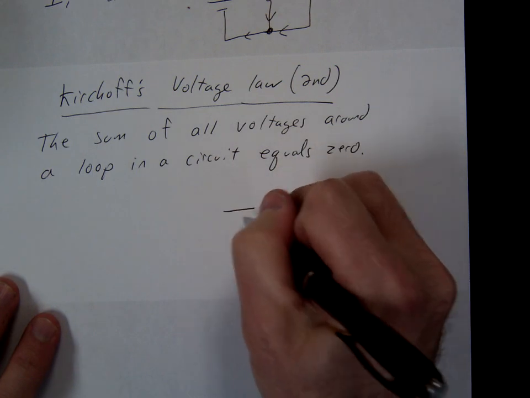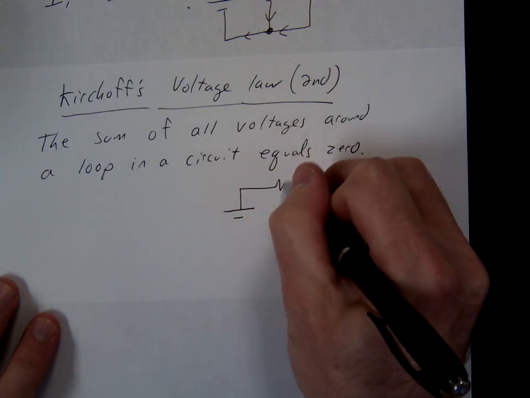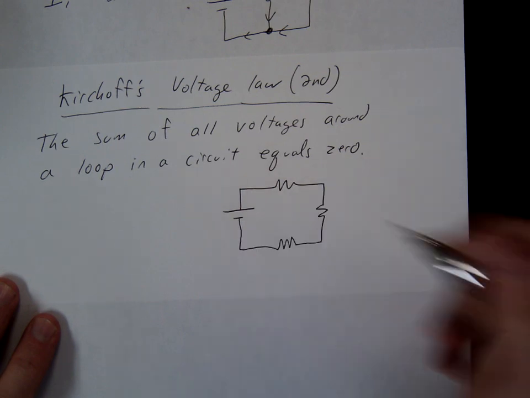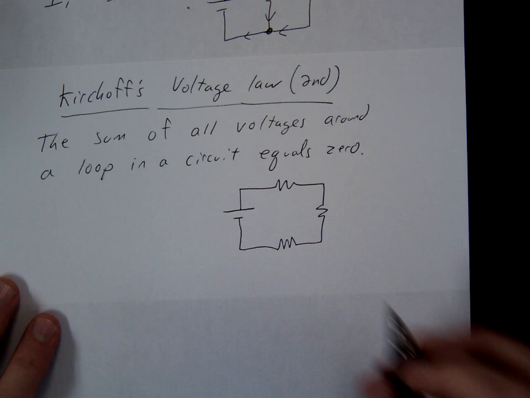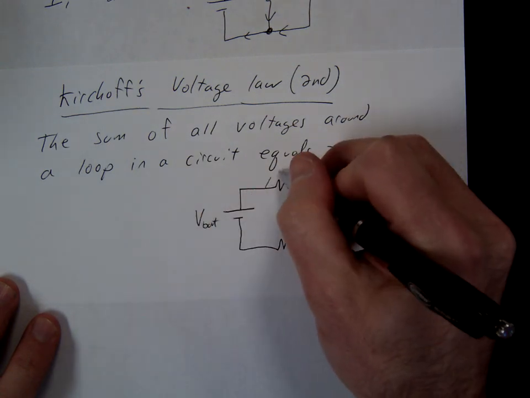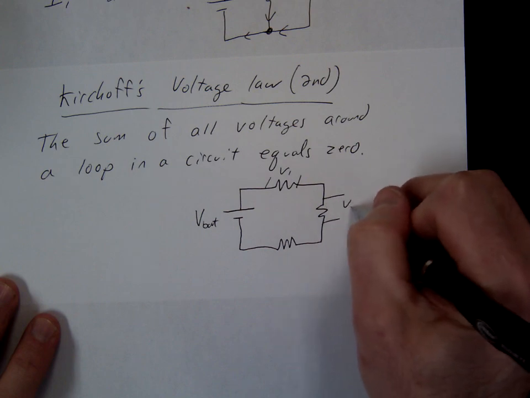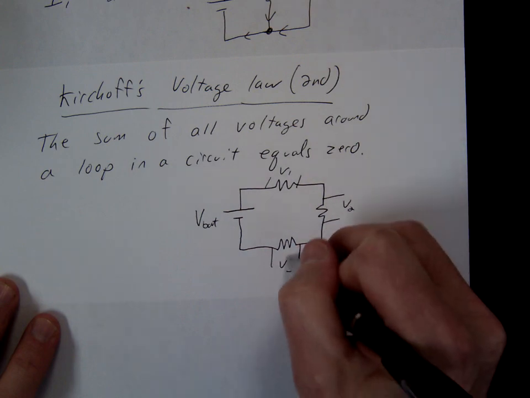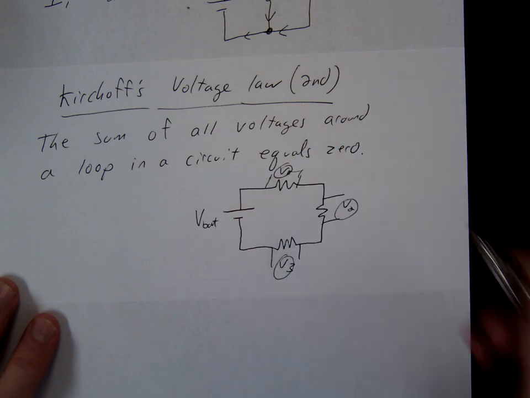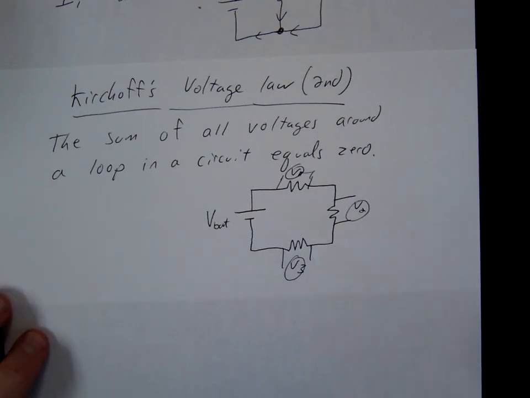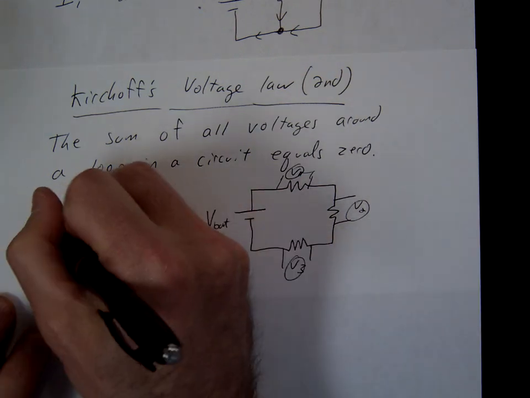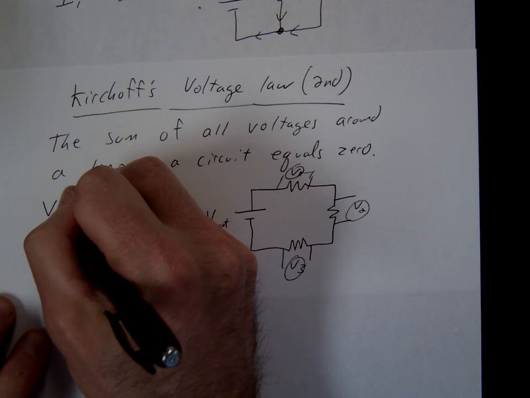So for example, we have a circuit like this. Let's say this is the V of the battery, and this is V1, V2, V3. When I add these all up, they should add up to 0. How you would do this is you would say, alright, V bat.